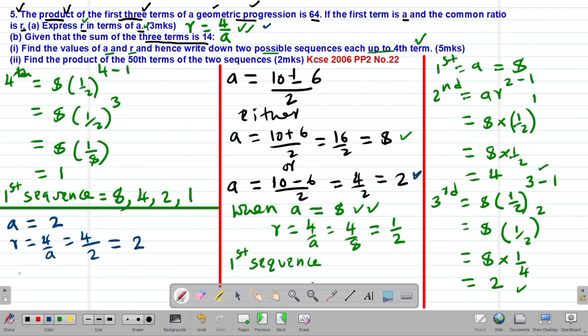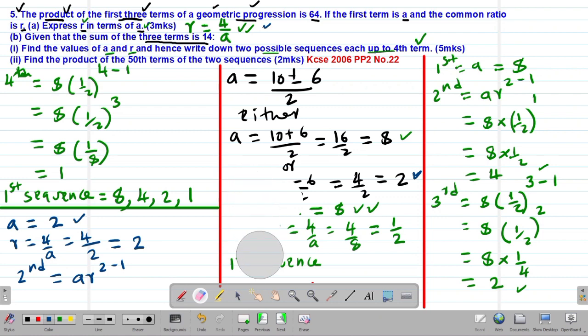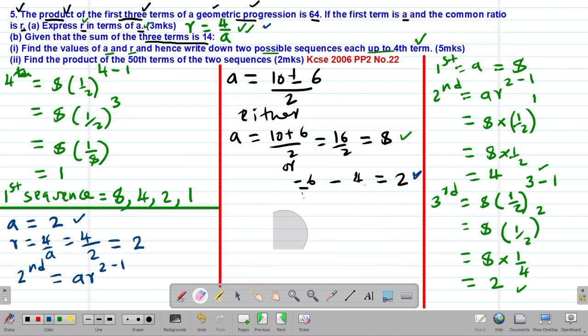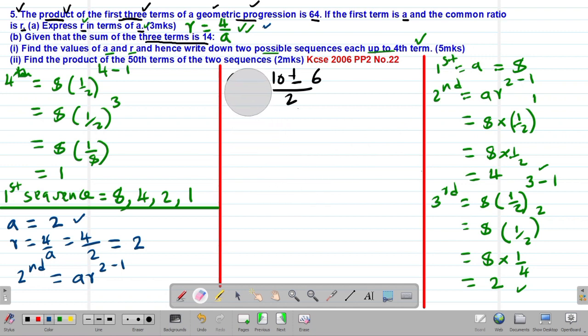So the first term of this second sequence is 2. So our second term is given by ar to the power of 2 minus 1. Let me clean this particular area so that we can use it to complete our working.